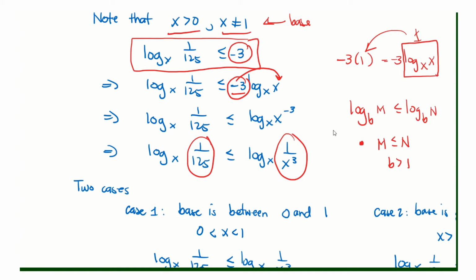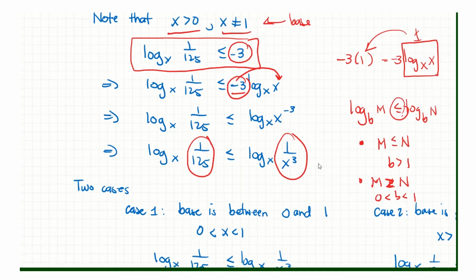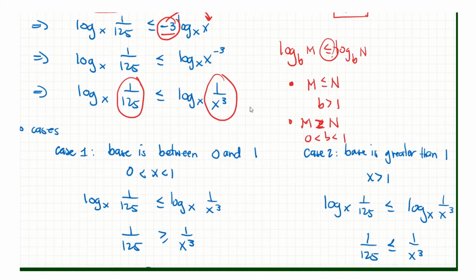In other words, the inequality is preserved for m and n when the base is higher than 1. However, m is greater than or equal to n when the base is between 0 and 1. So the inequality is now reversed. So with that, we have two possible cases.